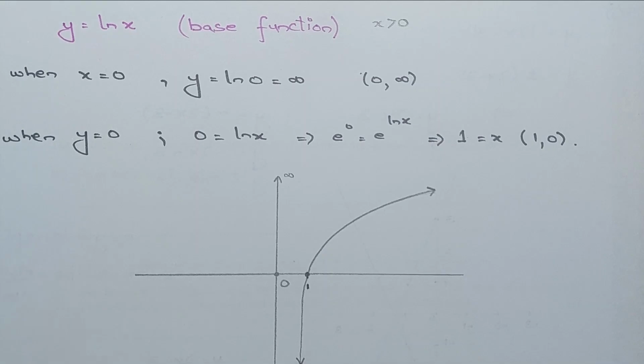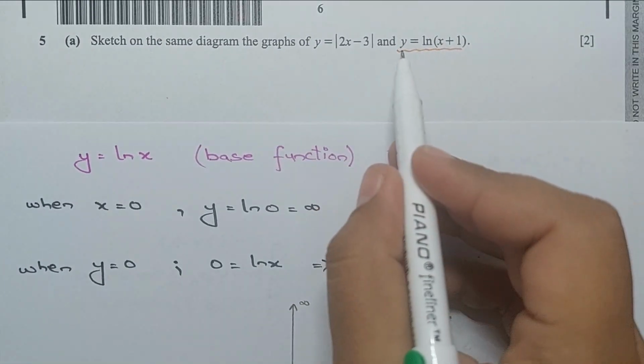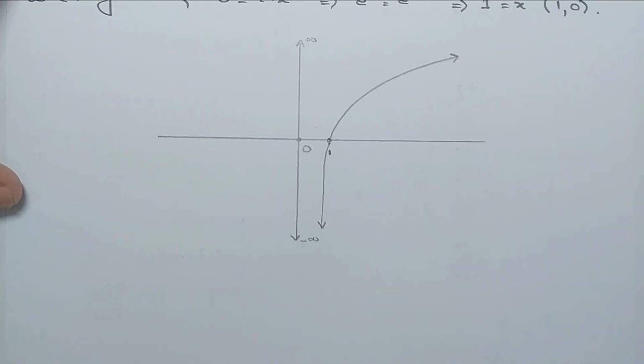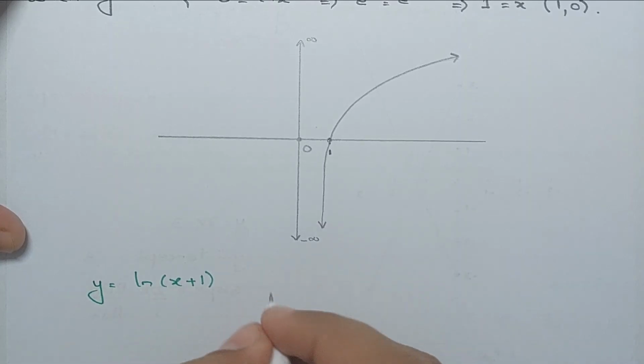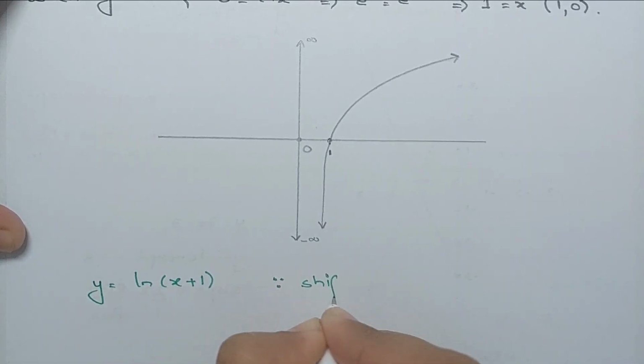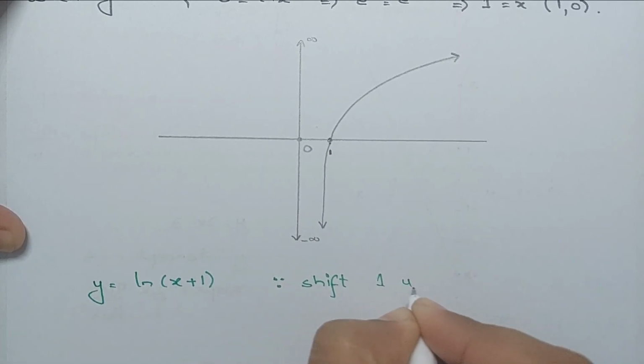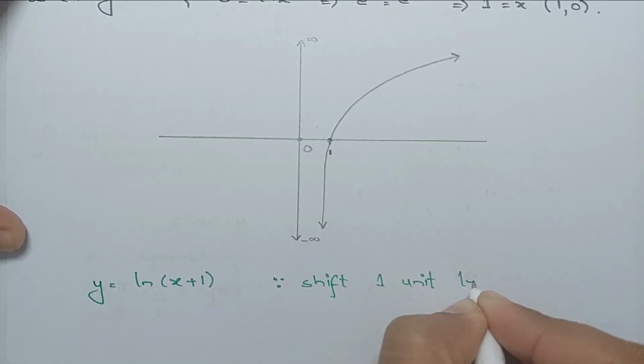Now the second function, the actual function we have been given, is y equals ln x plus 1. So what happened over here? In this base function, we have to shift 1 unit left.